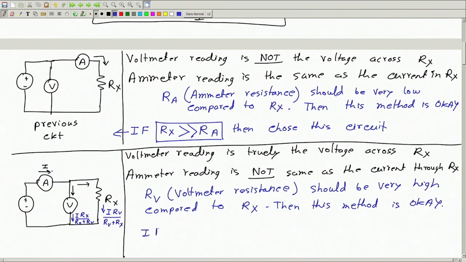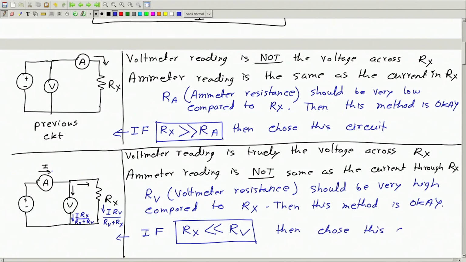Similarly, if I have Rx much less than RV, then choose this circuit once again. If this resistance RV is much higher than Rx, then most of the current will go through Rx, and this method is acceptable. So depending on the value of the resistance, we may decide which circuit to choose.